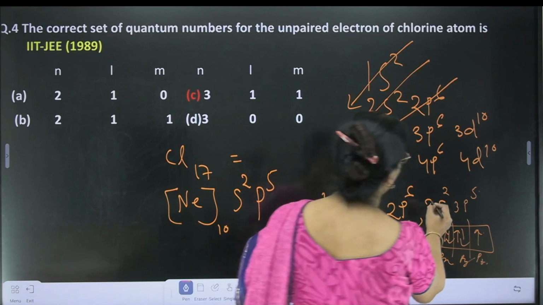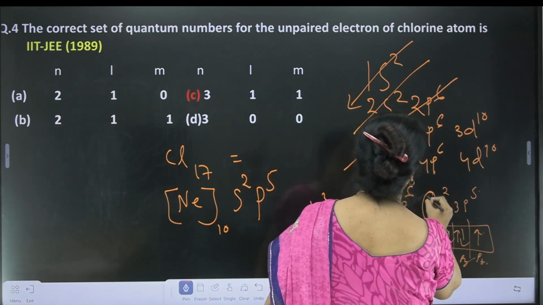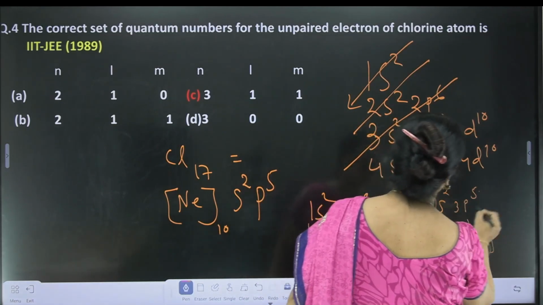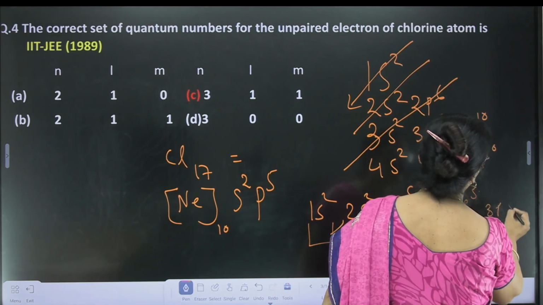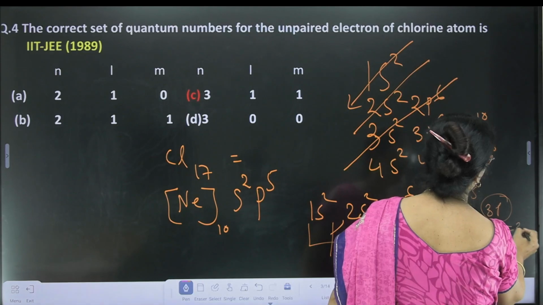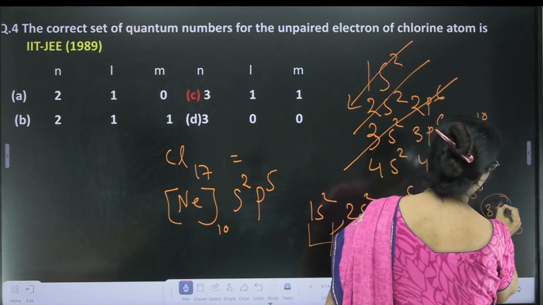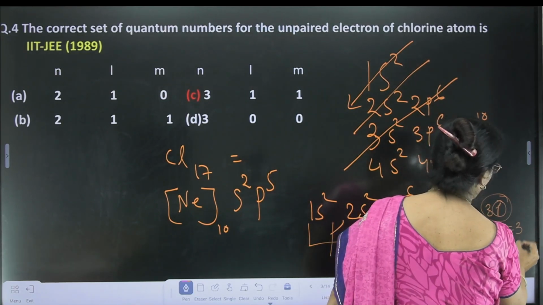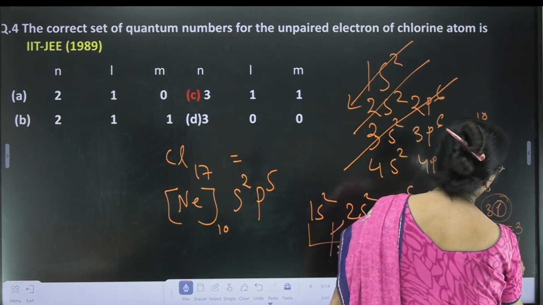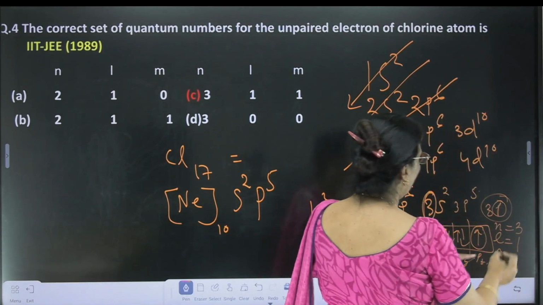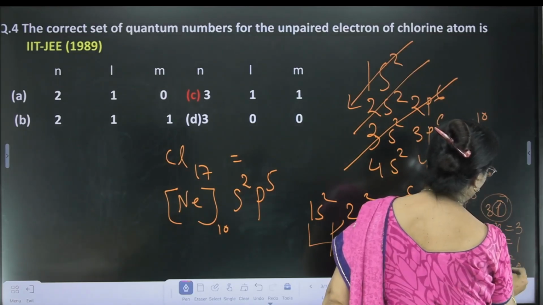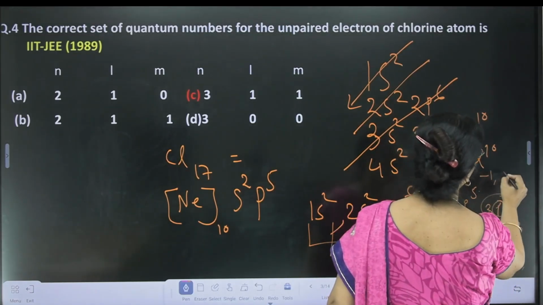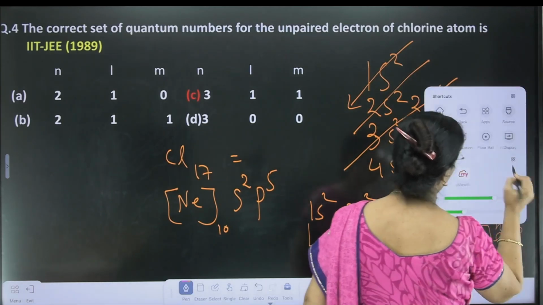n is equal to 3, principal quantum number, okay. For the valence electron it is 3p. So here n is equal to 3 and for p, l value is equal to 1, m value is equal to minus l through 0 to plus l, means you are getting minus 1, 0, plus 1.